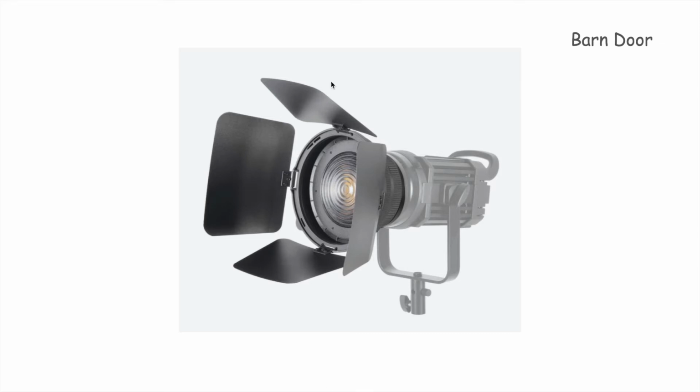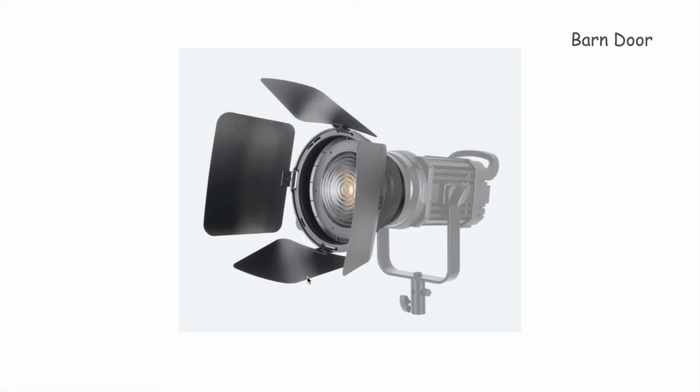They are four flaps attached to the flash, which is used alongside a camera, and you use them to shape the light. You move the doors so that the light's beam is larger and wider, or smaller and narrower.